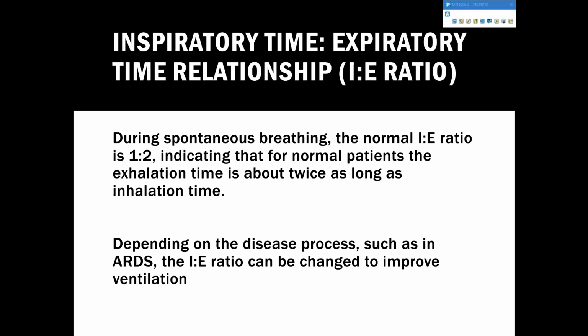So our true emphysematic COPD and our asthmatics. We have to make sure these patients have an expiratory time of 3, 4, even 5 if we can. We want to make sure they can get all that trapped air out. Okay, so that's going to be the abnormal IE ratio. The other abnormal IE ratio is going to be ARDS, and this is going to lead into our APRV bilevel.